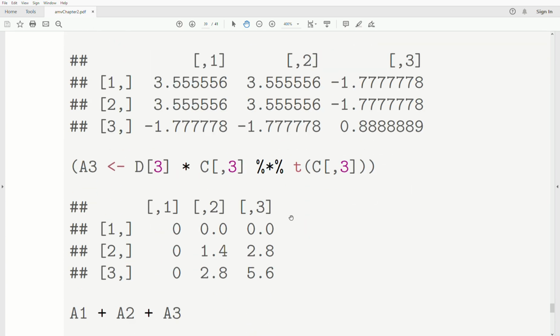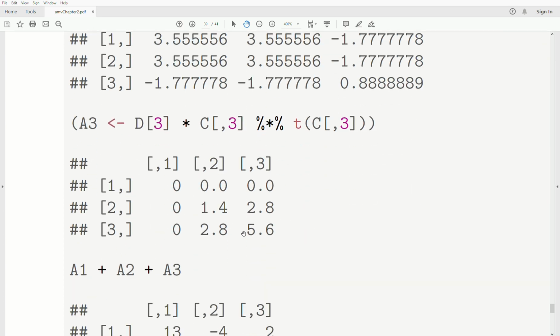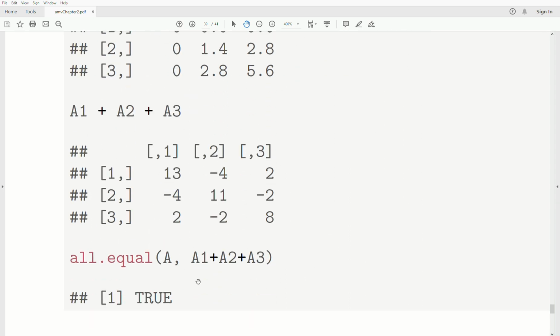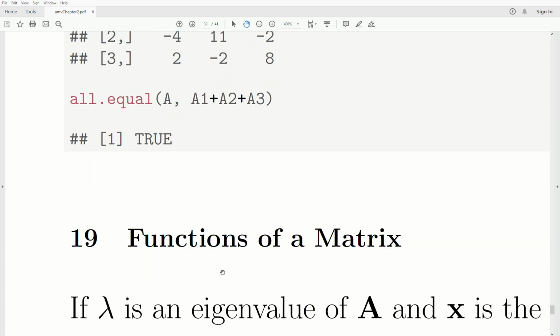Third eigenvalue, third column, we get this matrix. And when we add them together, we get our original matrix A back. We can use the all equal function to verify it. A compared with A1 plus A2 plus A3 is true. It goes component by component and checks that.